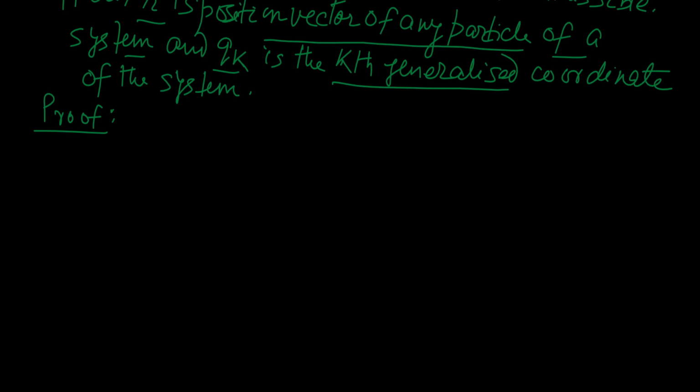You will see that a very simple proof of this theorem holds, and I will now discuss it. Consider a holonomic system. You know that for a holonomic system the constraints are imposed on the position of the particle, and that restriction is not a partial restriction, but the positions of the particles are completely restricted.